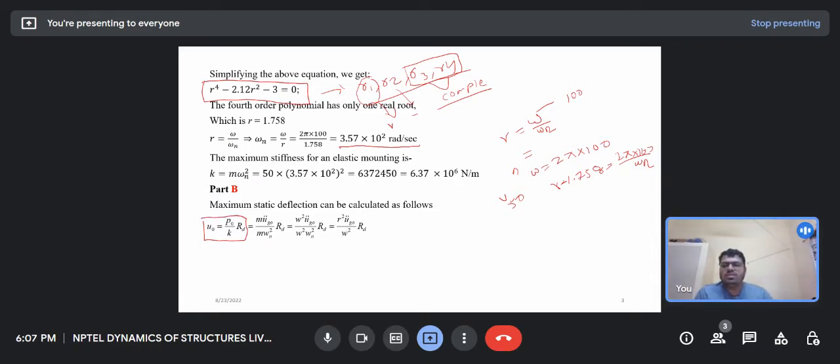And what is my p naught? In this case my p naught would be m into ug double dot, ug naught, and k I can write as m omega n square. So m will cancel out.